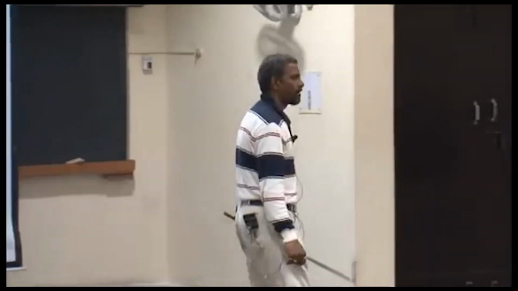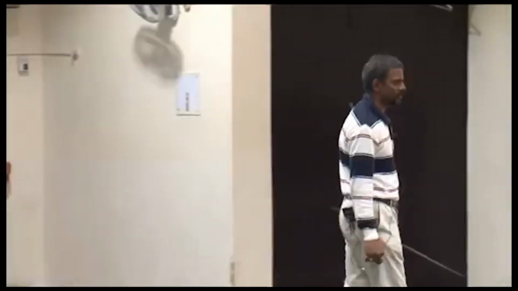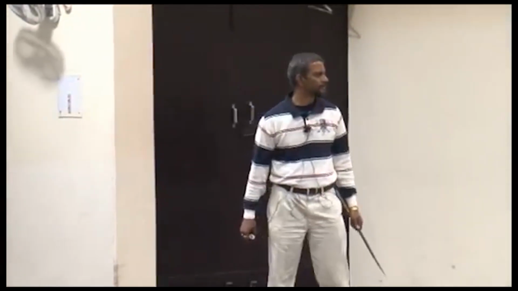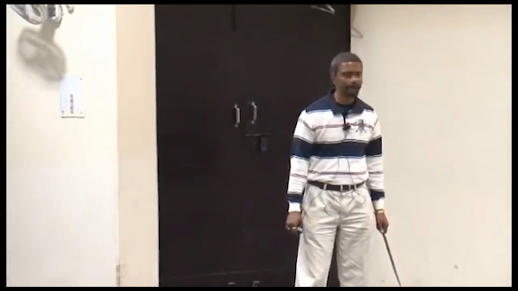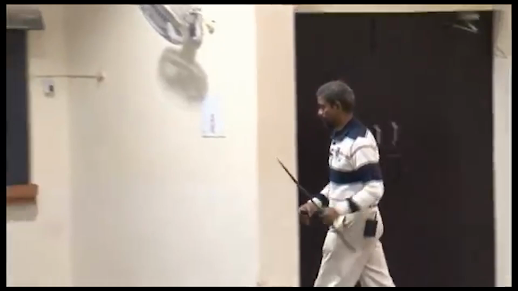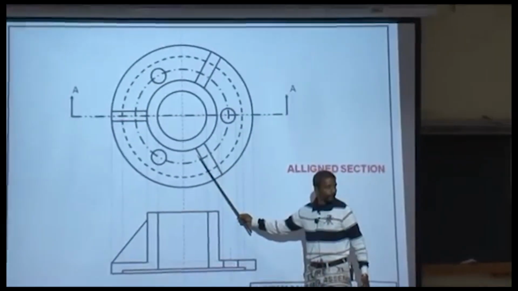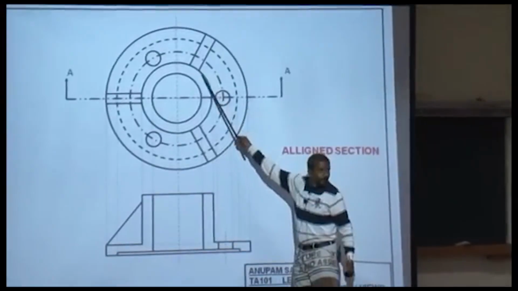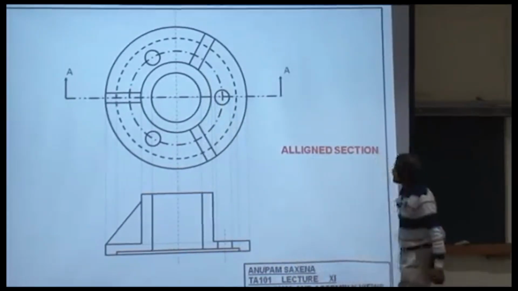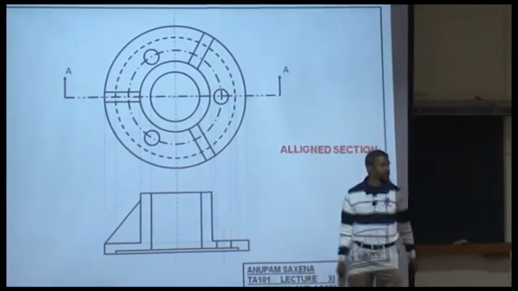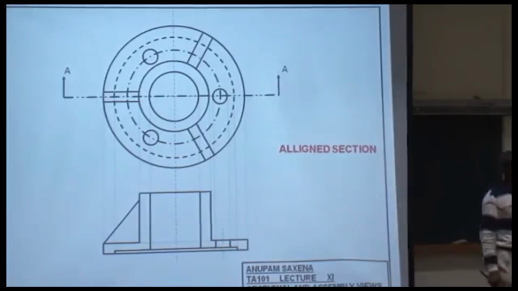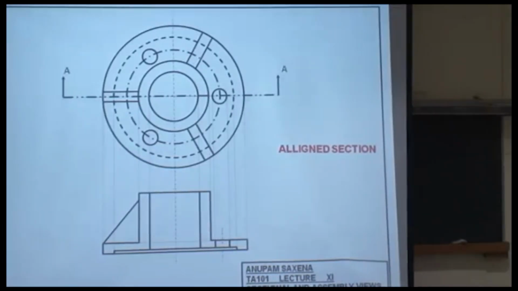A second part of the second rib is also going to be visible. You mean this one? This one? Well, why not this one? The other one will be kind of hidden behind the front one.